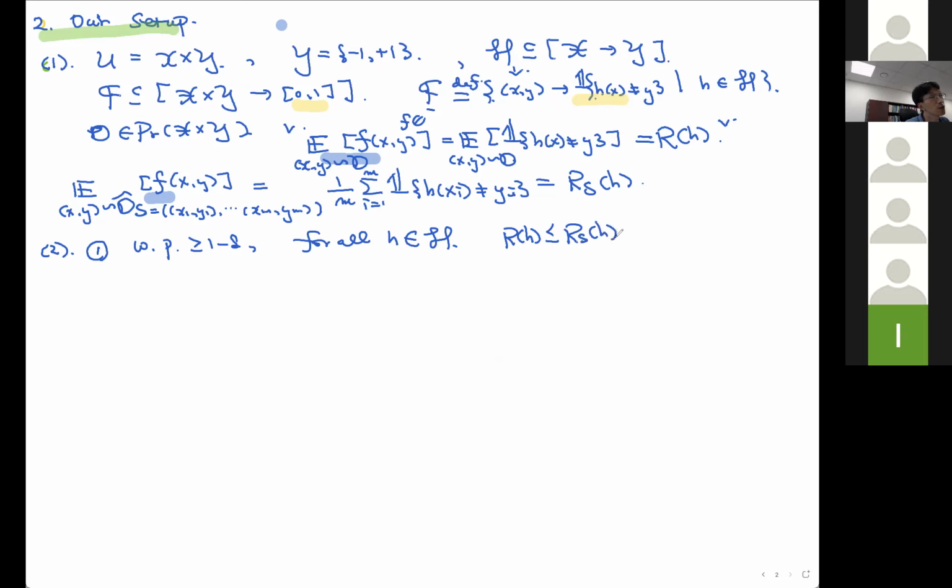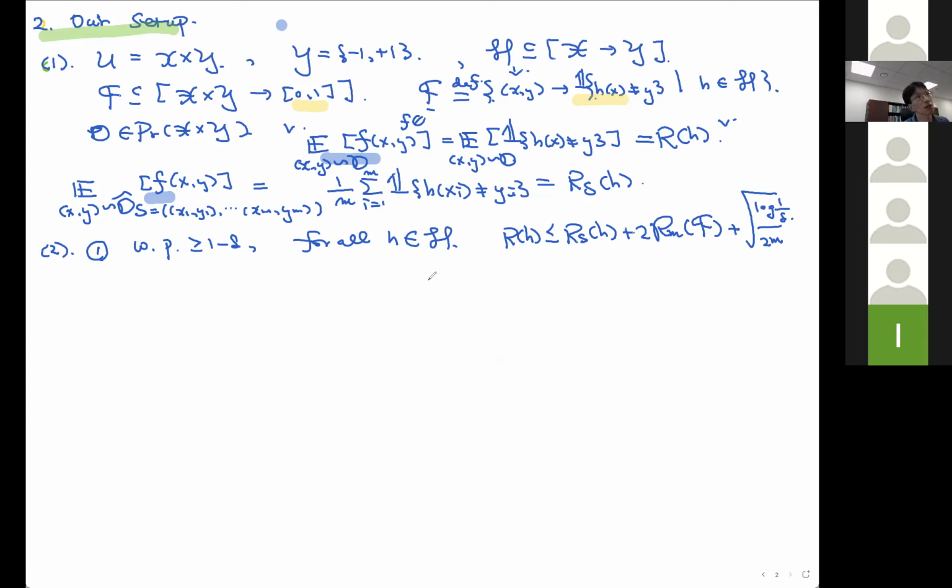So risk of h is going to be bounded by empirical risk of h plus 2 times the Rademacher complexity over the function class curly F, plus square root of log 1 over delta over 2m. So that was our first statement.